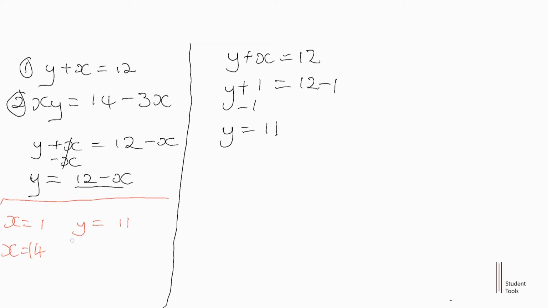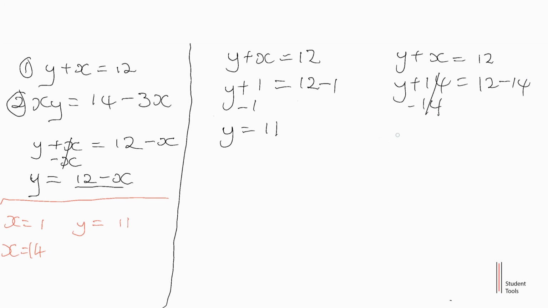Alright, so what is y when x is equal to 14 now? So still we will use equation 1, y plus x is equal to 12. And then we substitute 14 for x, y plus 14 is equal to 12. To take the 14 from the left hand side, we will subtract it. So subtract on both sides.